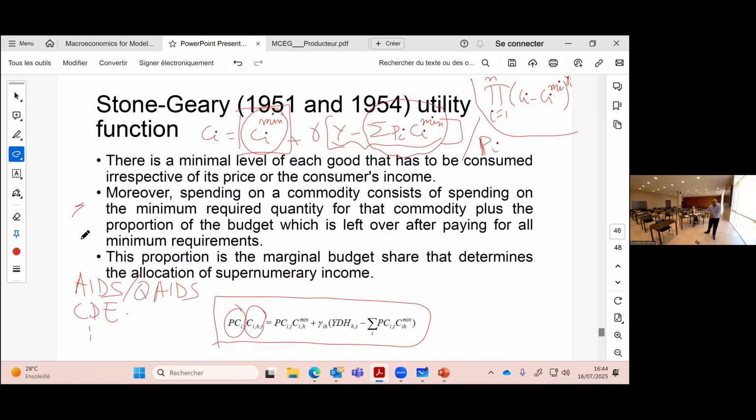I'm looking at my clock. But if you have a question on this part, I'm here, for the production side or the consumption side, or a general question.